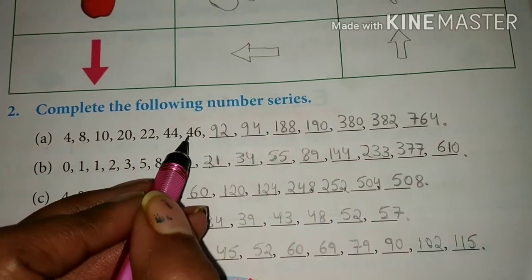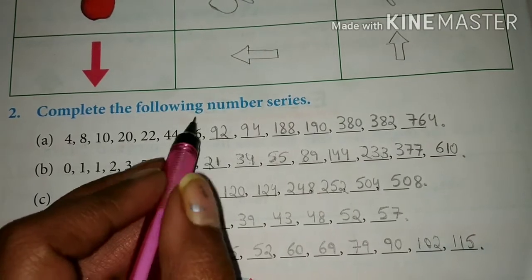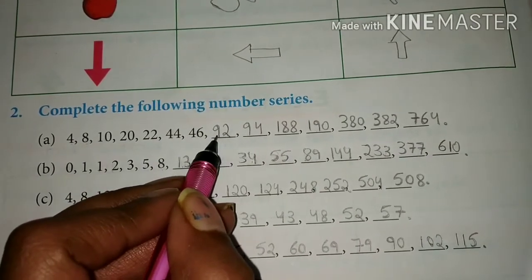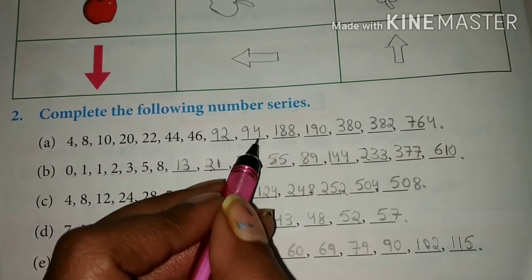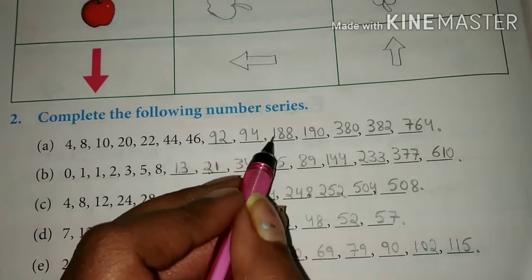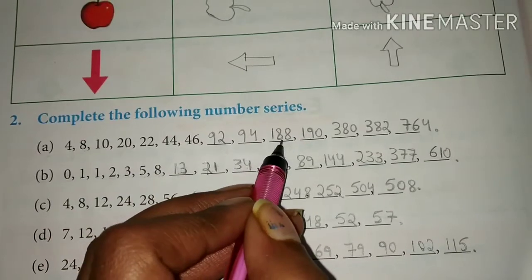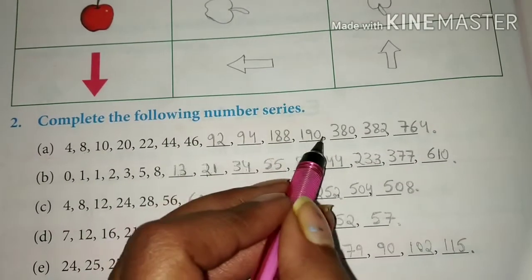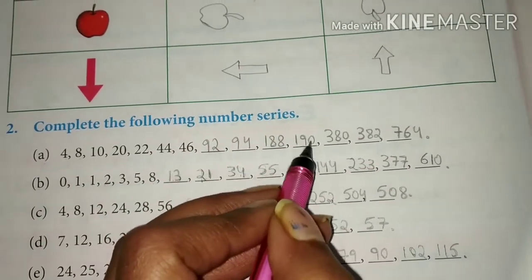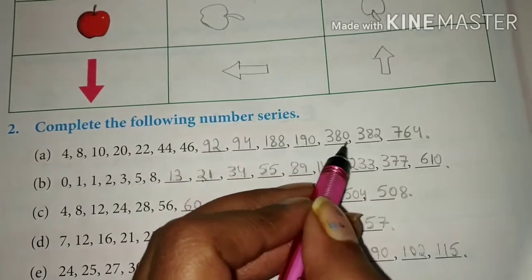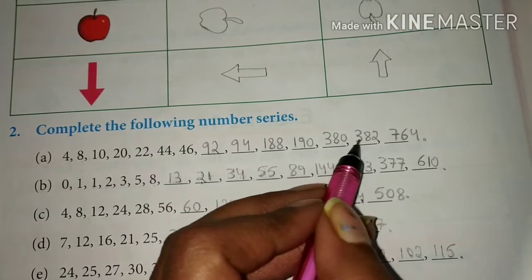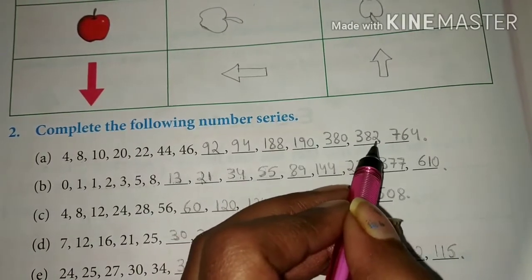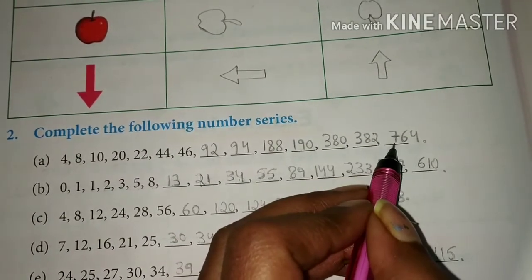So, 46 times 2 is 92. 92 plus 2 is 94. 94 times 2 is 188. 188 plus 2 is 190. 190 times 2 is 380. 380 plus 2 is 382. 382 times 2 is 764.